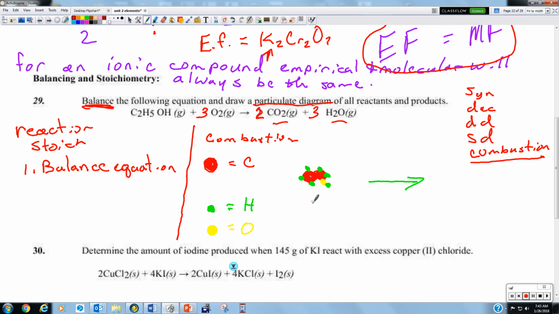And so we have 2 of these. It's going to form CO2, and we have my O2 as well. I'm going to have to draw that. Plus H2O.